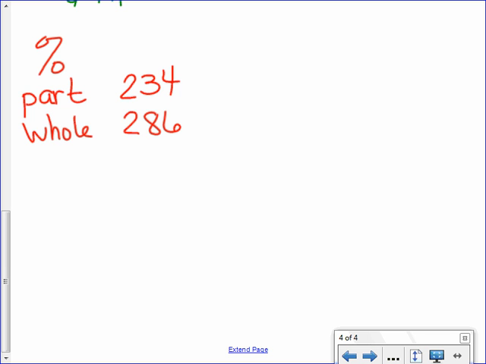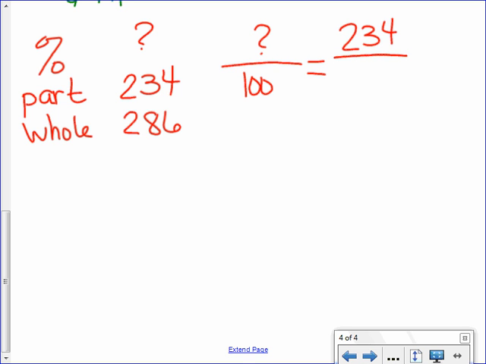I'm missing percent, so that should be the question they're asking. What percent passed? So then I set up my proportion. Percent, we don't know, over 100 equals part, which is 234, over whole, which is 286.